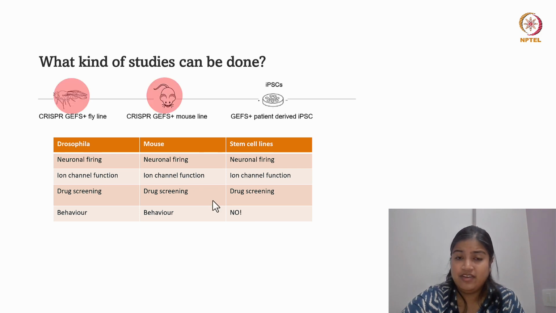So from a behavioral point of view, in a neurological disorder like epilepsy, which has very different seizure phenotypes depending on the mutation, studying behavior in a live organism becomes very important. So in that case, the Drosophila and the mouse model have an advantage over the stem cells, in that you can study the seizure behavior and map it to the human patients.